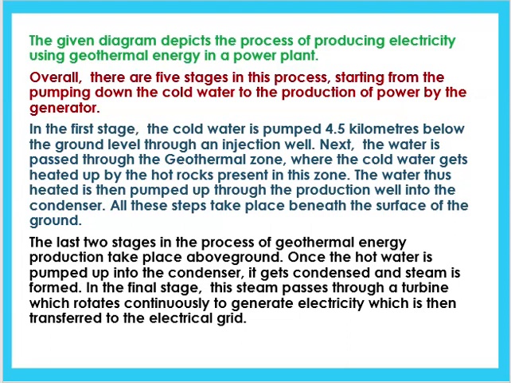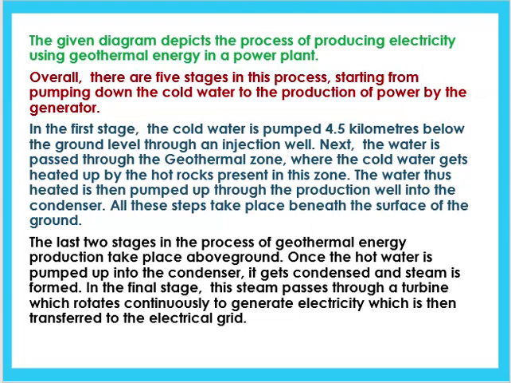Please use this because it gives a clear-cut idea that you are moving on from the introduction to the overview. So overall, there are 5 stages in the process, starting from the pumping down of the cold water to the production of power by the generator. So instead of using the word electricity, I have synonymized it to power.